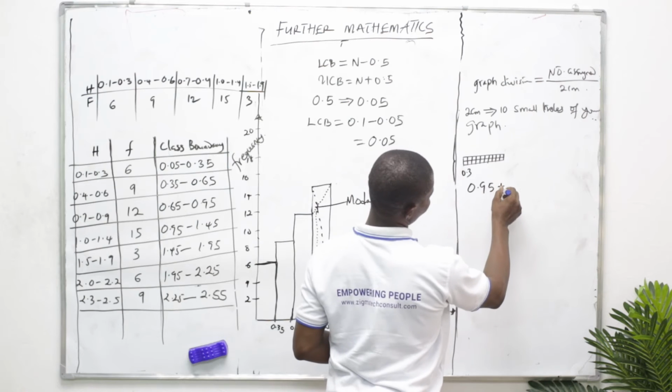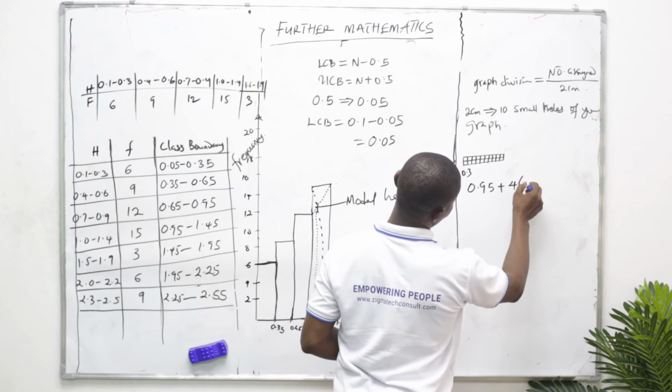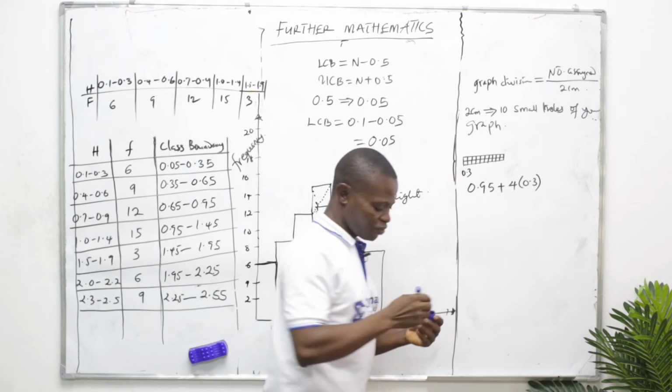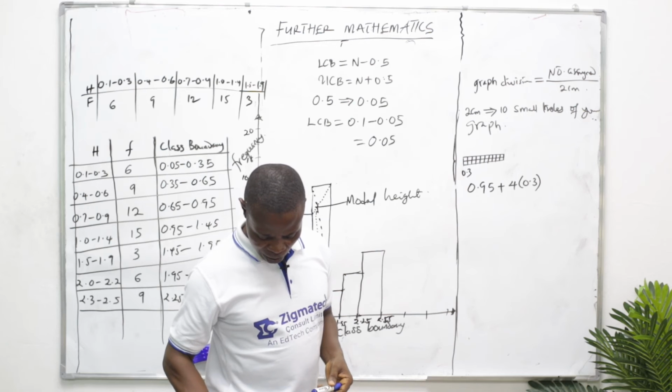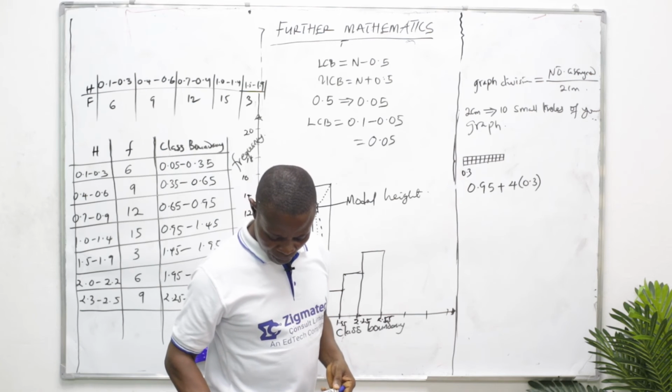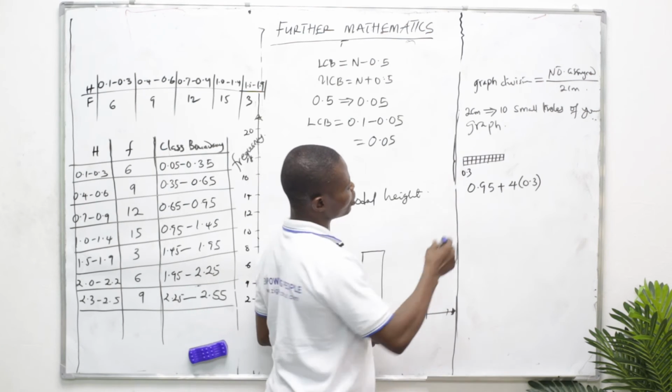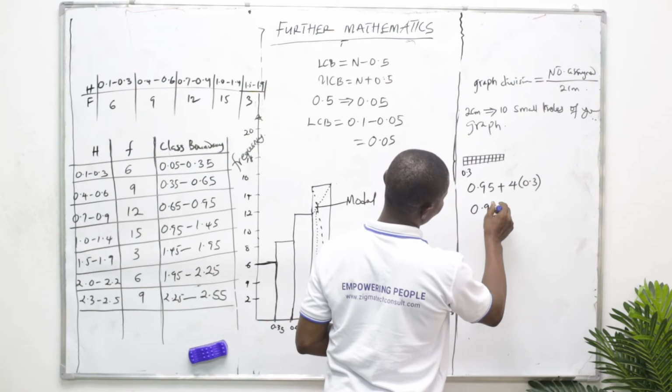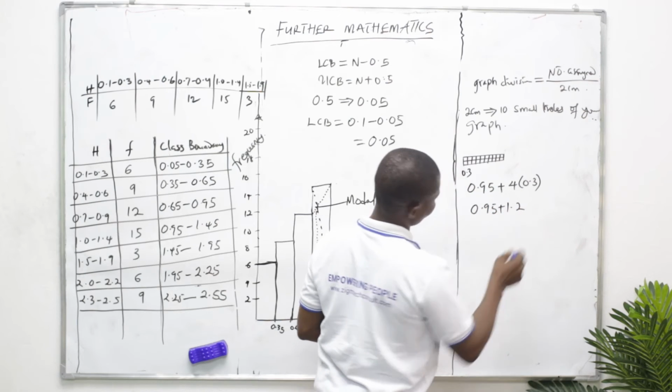0.95 plus 4 bracket 0.3. That is 4 times 0.3, which is 1.2. So 0.95 plus 1.2.